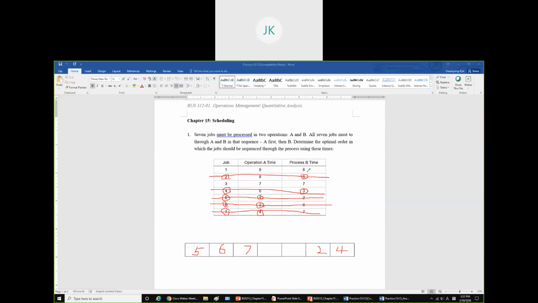Next one is this one, so job 1 goes third last and cross out. And job 3 goes here. So the job sequence is 5, 6, 7, 3, 1, 2, 4.